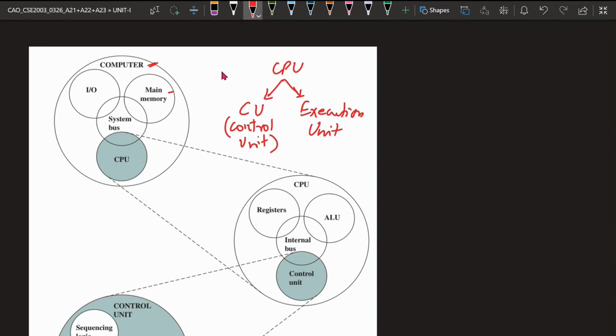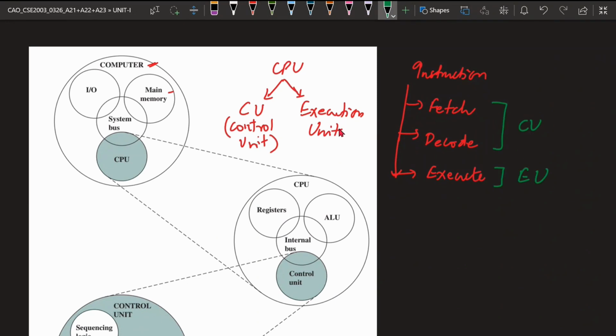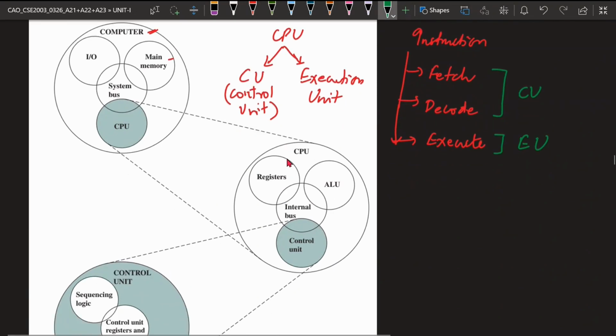Each instruction has different steps: first fetch, then decode, and third execute. They are the main building blocks.